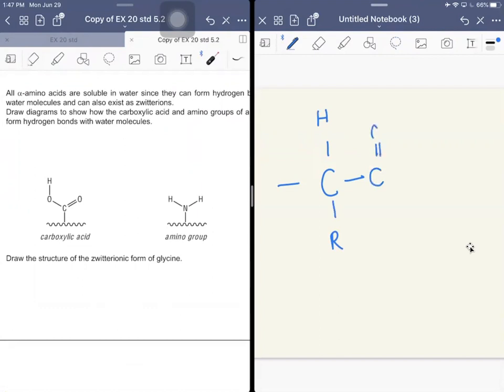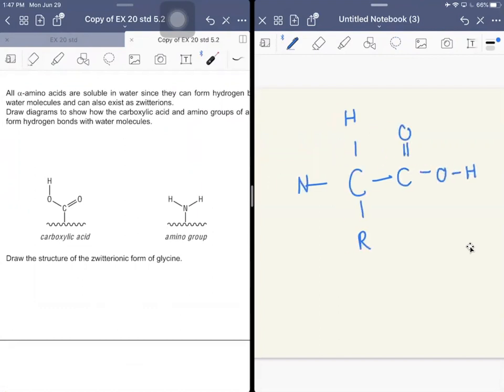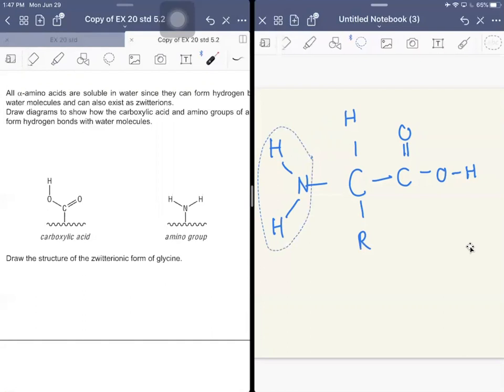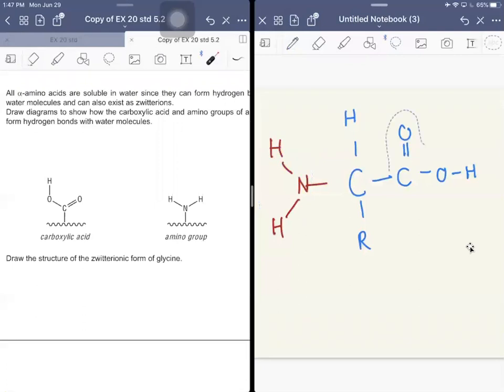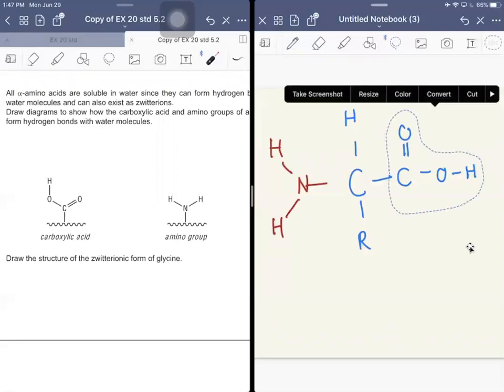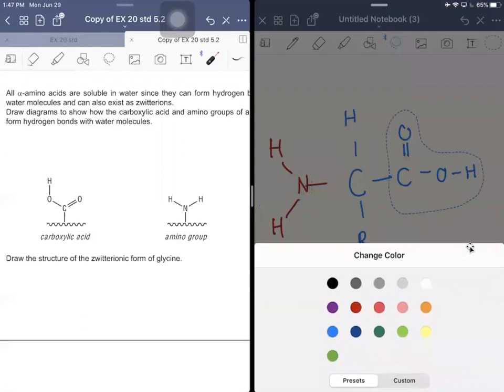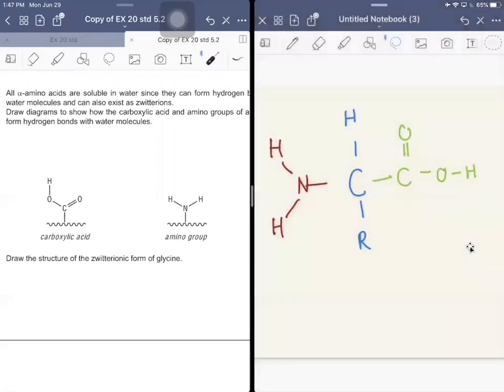And then I've got an acid group, and the other side is my amine, an amine group, and then there's the acid group, which is your carboxylic acid, and then your R group.